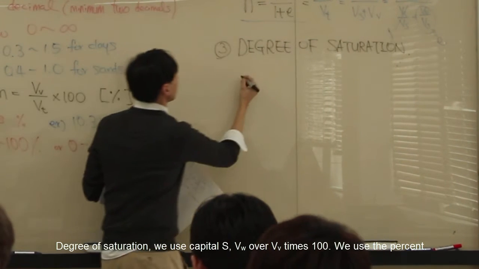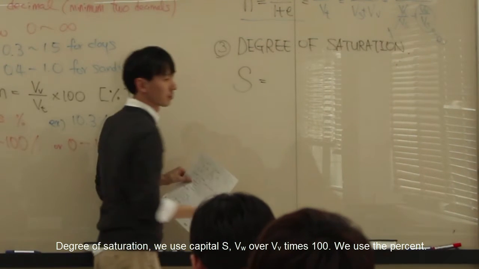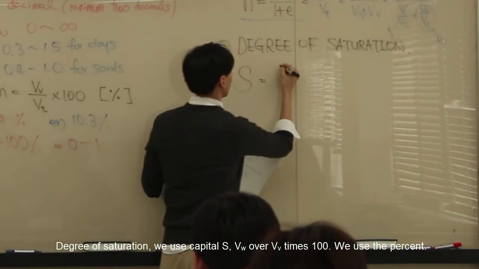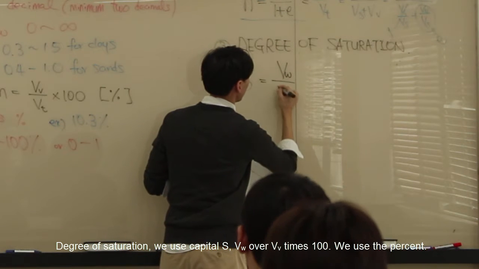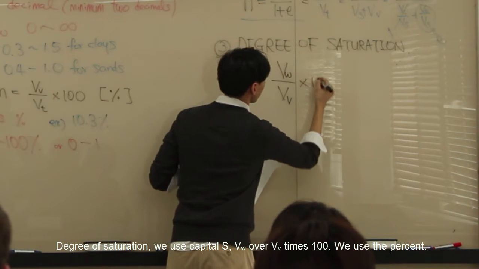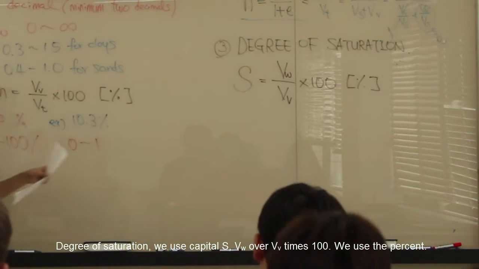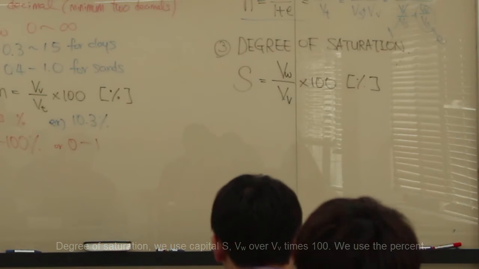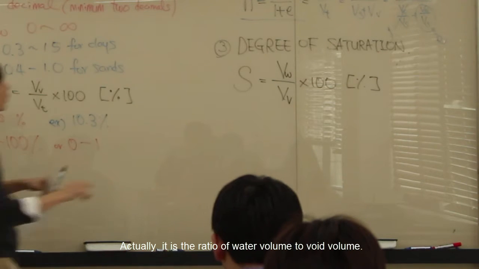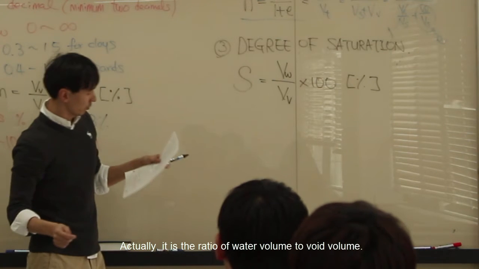Degree of saturation, we use the capital S, and it's the water volume over void volume times 100. So we use the percent numbers. Actually, it's a ratio of the water volume to void volume.